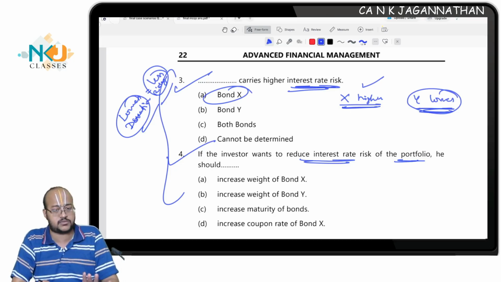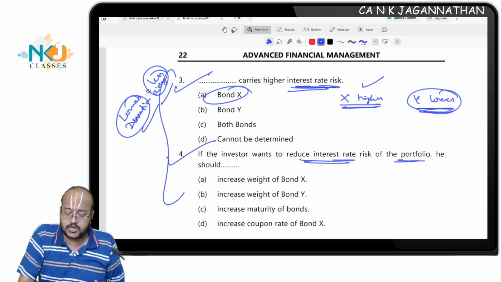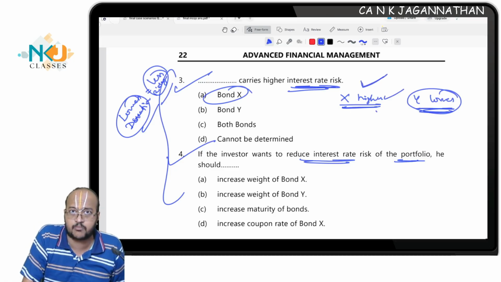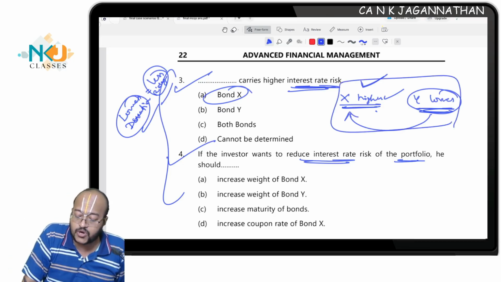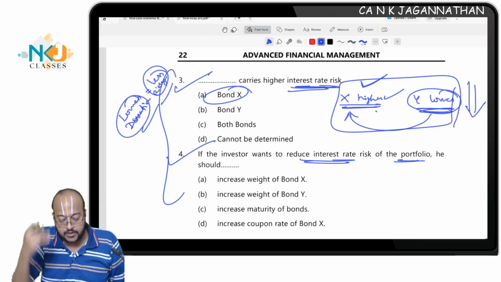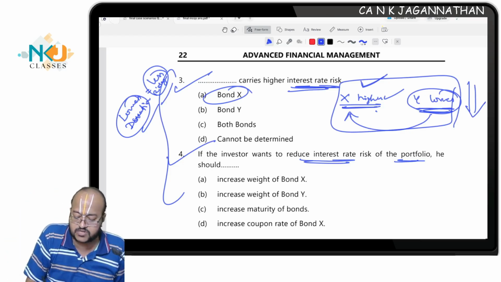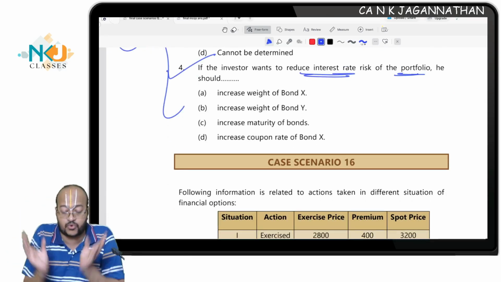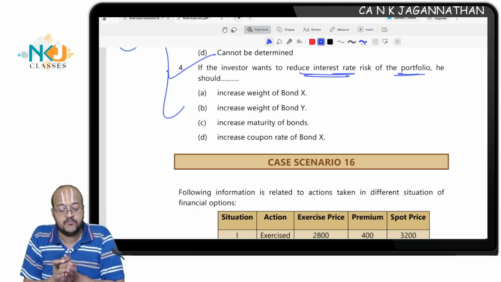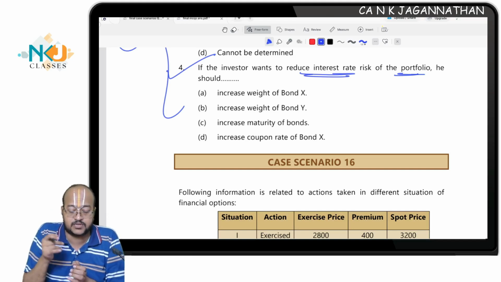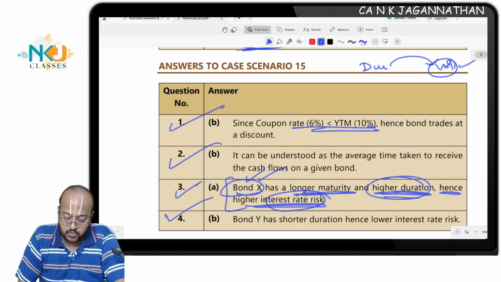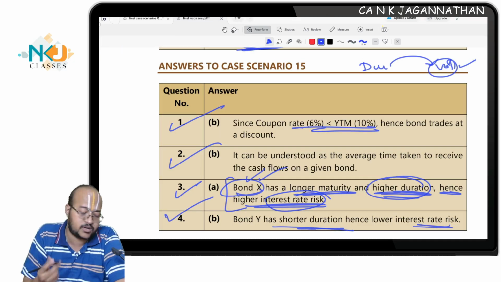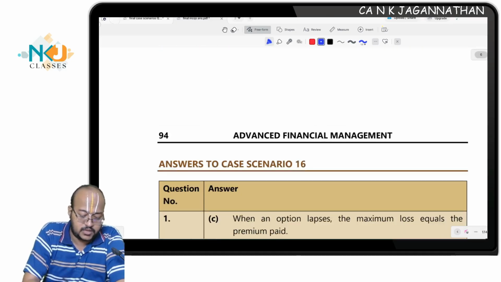Duration is the measure of risk, and if it is reduced... here you have the higher duration, risky bond X; you create a portfolio including Y, which has a lower duration, so that the portfolio's weighted average duration can be reduced. That is the meaning. If the investor wants to reduce the interest rate risk of the portfolio, what should he do? He should decrease the weight of X and increase the weight of Y. That is what is given in the solution: bond Y has a shorter duration, hence lower interest rate risk.